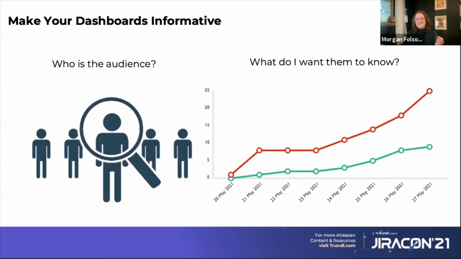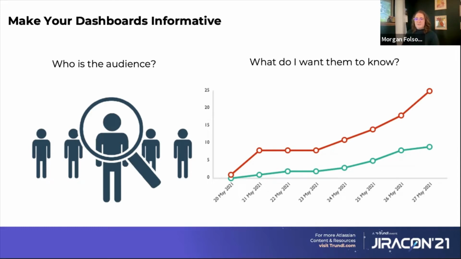So, first best practice. I think this one's kind of the duh. The very first thing that a dashboard should be is informative. It may seem like it doesn't need to be said, but I'm going to say it anyway. The very first thing you should be doing when you're building a dashboard, and let's broaden this to any report, is identify who the audience is.